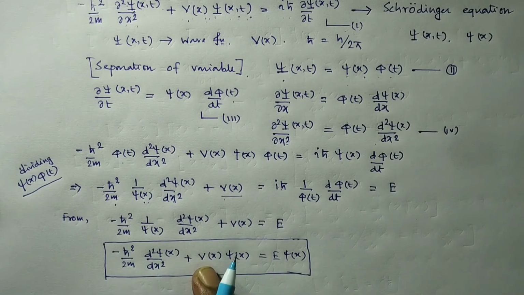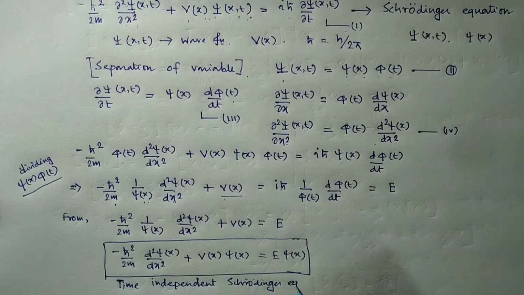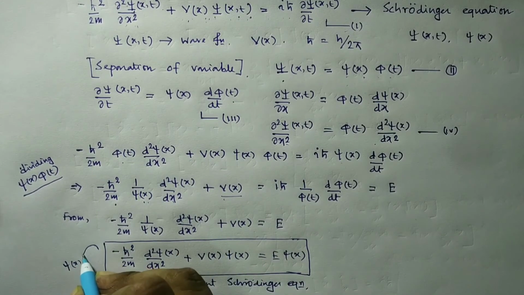If we have knowledge of the potential of the system, we can obtain the solution of this equation, and this is called the time independent Schrodinger equation. By solving this equation, we can obtain ψ(x).